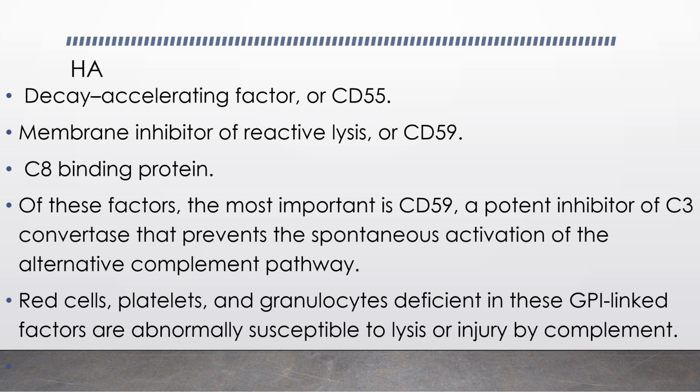CD59 inhibits reactive lysis by complement, or they accelerate the decay. If they are not present, of course complement will be much more active against the RBCs. C8 binding protein is the most important of these three, CD59. It is a potent inhibitor of C3 convertase that prevents the spontaneous activation of the alternative complement pathway.